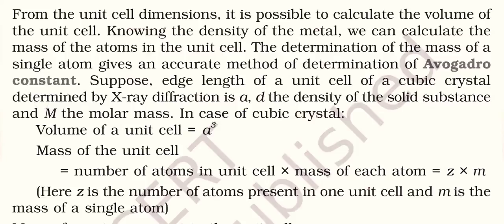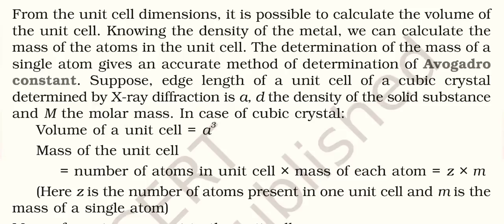First of all, as mentioned in the textbook, from the unit cell dimensions it is possible to calculate the volume of the unit cell. That means if you know the edge length of the unit cell, then as we know, a unit cell is cubic in shape, so the cube will give us the volume of the given unit cell.